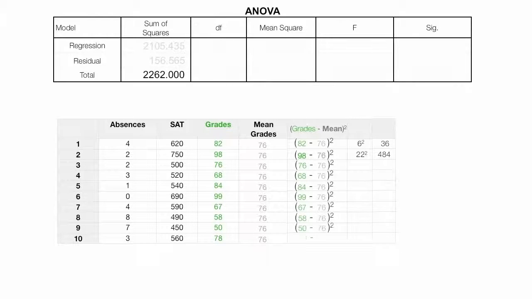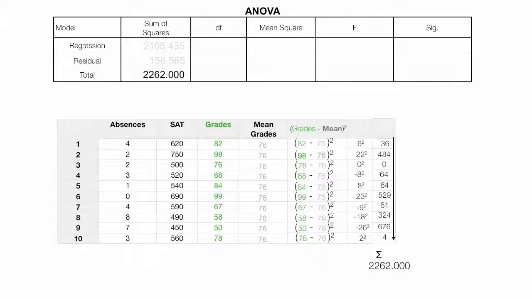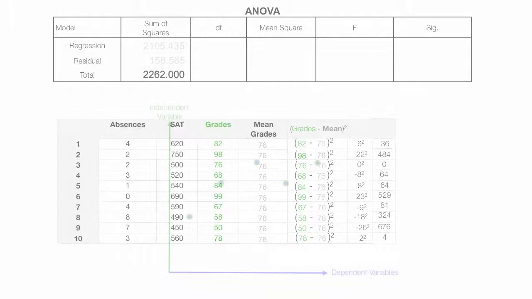So let me just fill in the rest of the numbers. And again, I'm rounding. Don't worry about that. And I add all these up, or sum them up, and it equals, you got it, 2,262. And that is my total sum of squares. Let me pop over to a graph of this so I can show you visually what I'm doing.